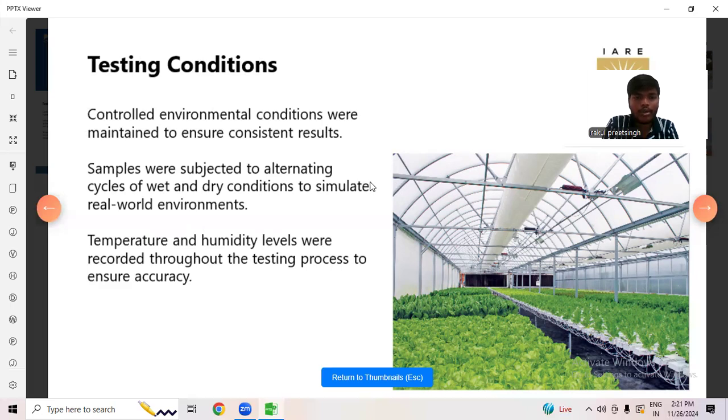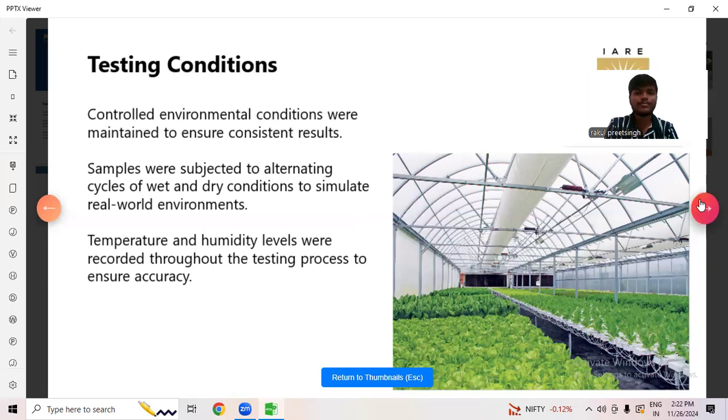Temperature and humidity levels were recorded throughout the testing process to ensure consistency. Testing conditions means controlling the environmental conditions and subjecting the samples to alternating cycles. This is the testing conditions.